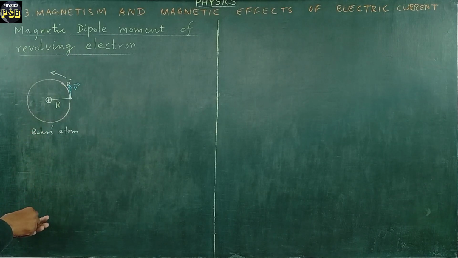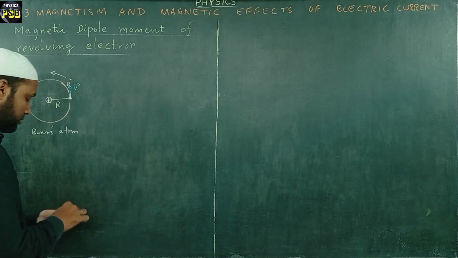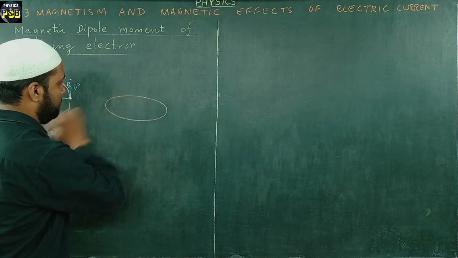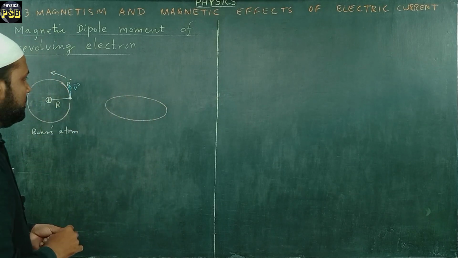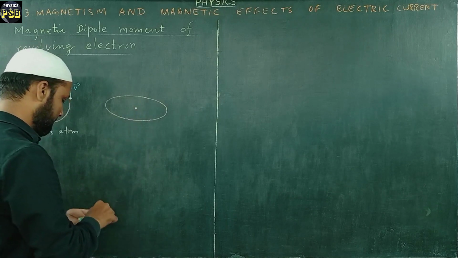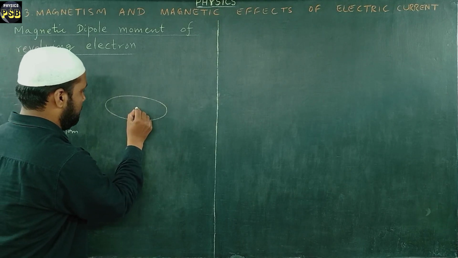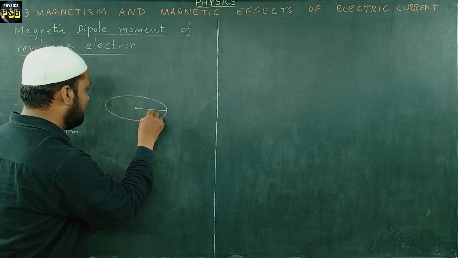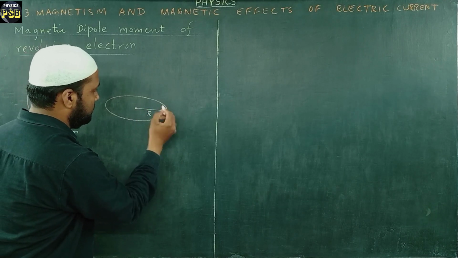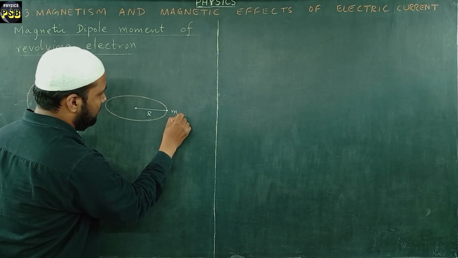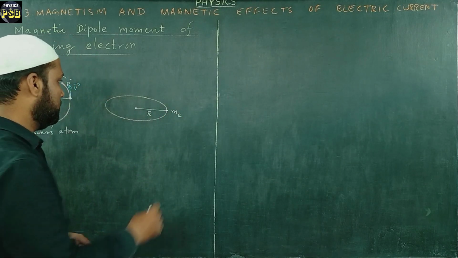It is similar to a loop that carries current. The center, this is the radius of the loop, denoted by capital R. Now, the electron, me is the mass of the electron.